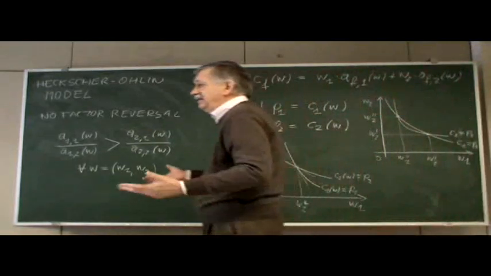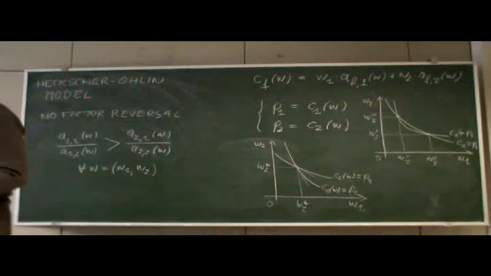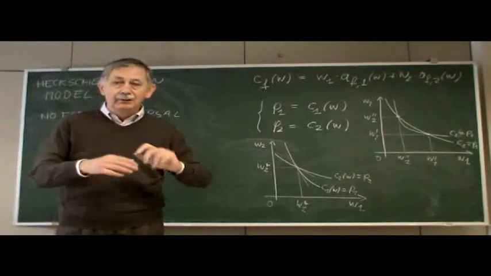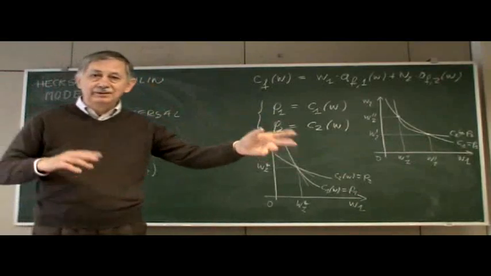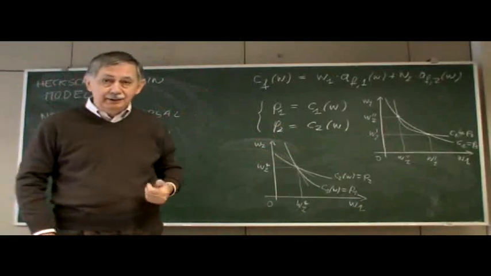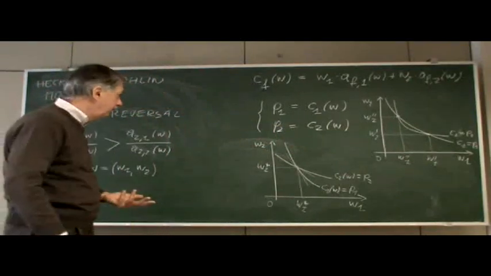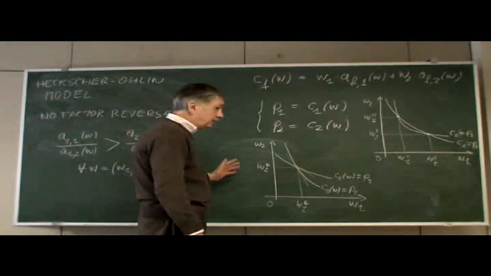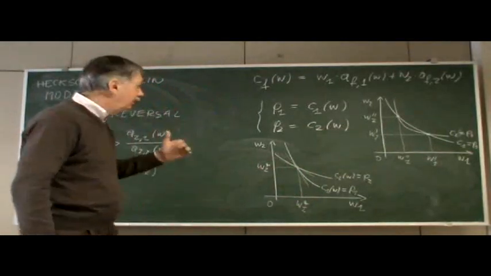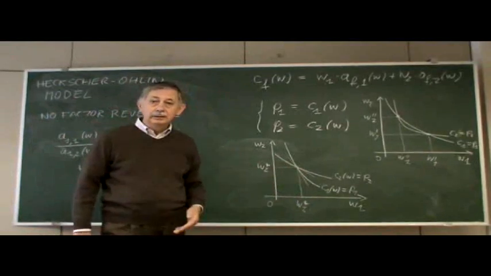Equality of factor prices would be an obvious consequence of a movement of labor and capital from one country to another in search of a higher remuneration. But in this case, factors are unmovable. But the consequence is the same.